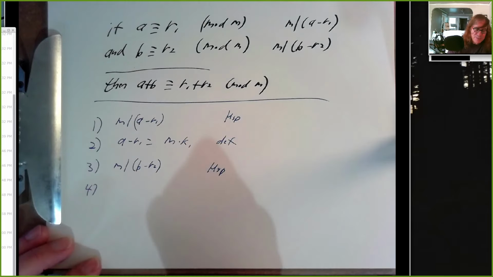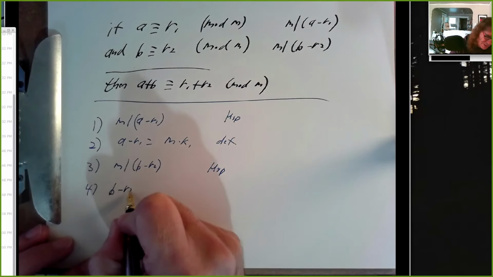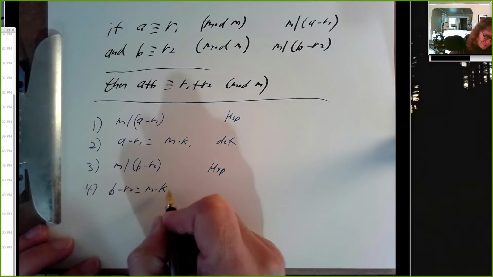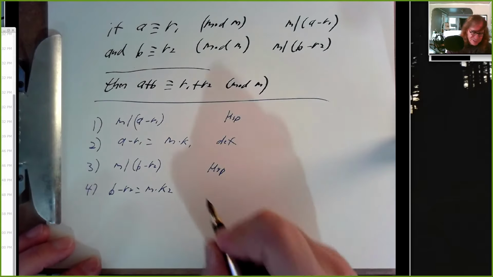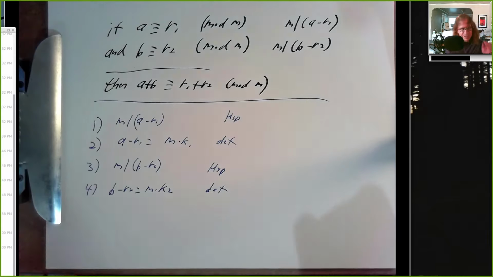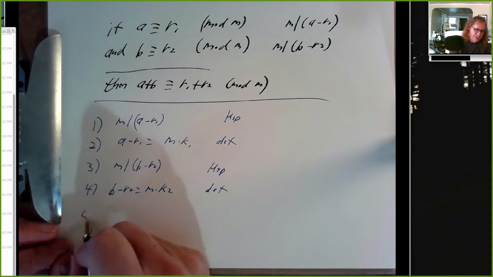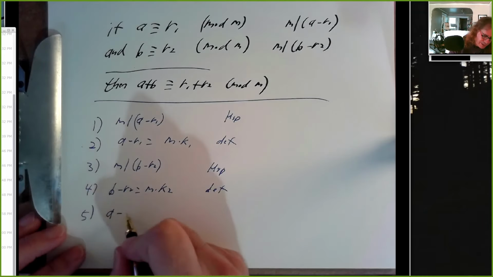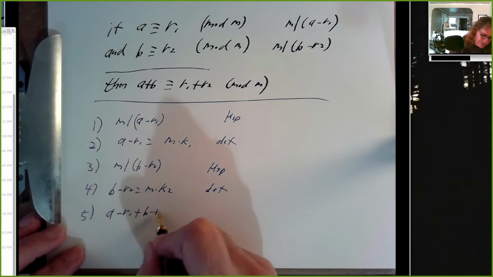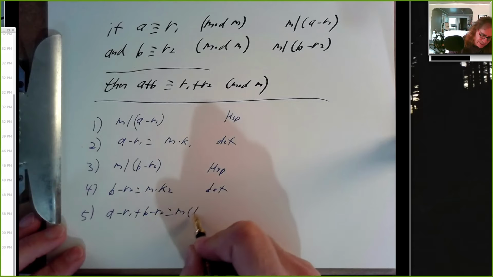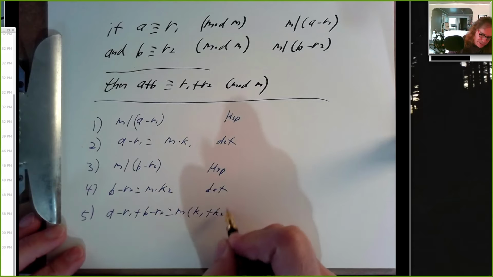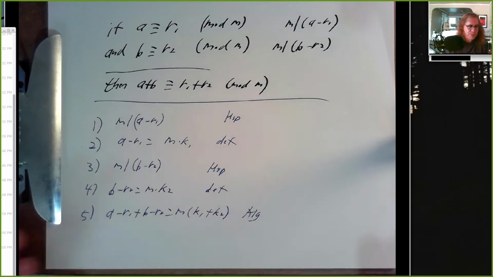If m divides B minus R2, then B minus R2 equals m times some possibly different integer k2. That's a definition of divisibility. Well, let's add 2 and 4 together. A minus R1 plus B minus R2 equals m times k1 plus k2. That's good old algebra.